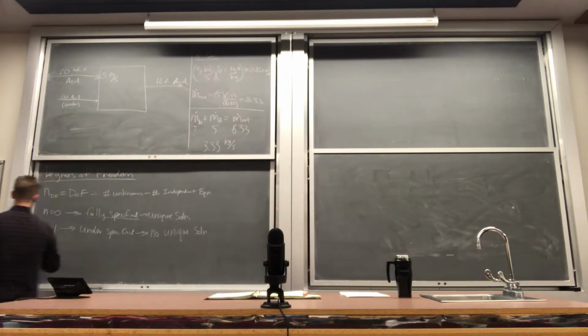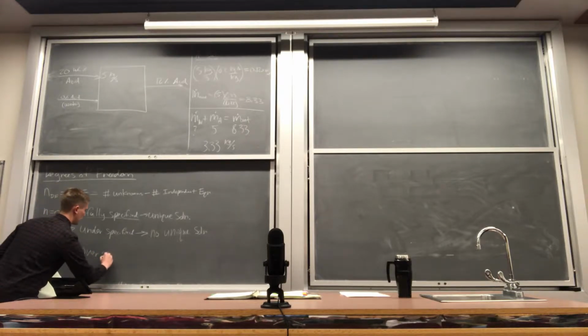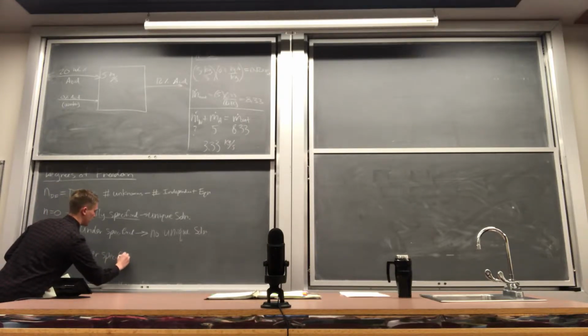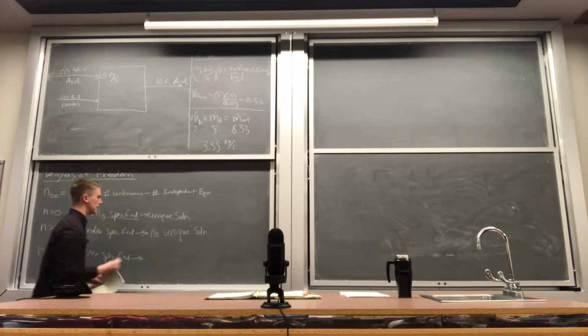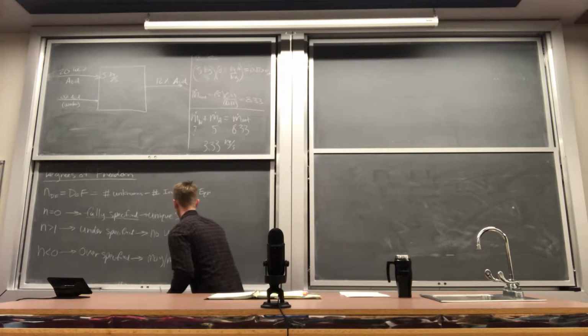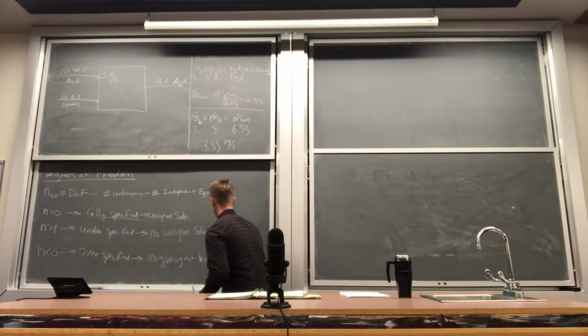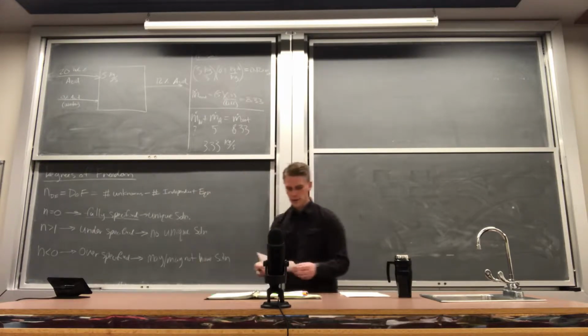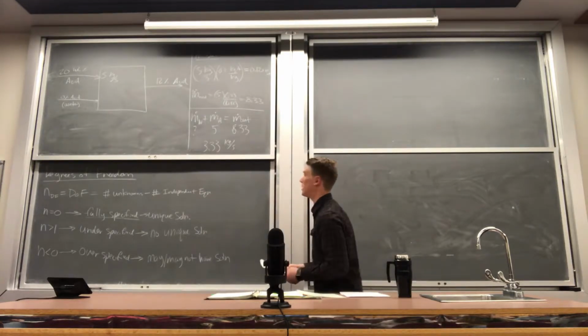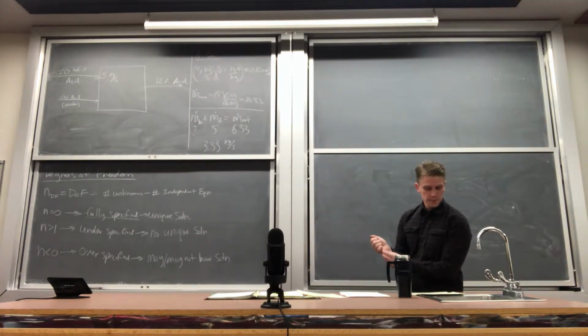If NDF is less than 0, we have an over-specified system. And in this case, we may or may not have a solution. And we'll do the graphical representation of what each of these terms mean. That I think is really helpful.